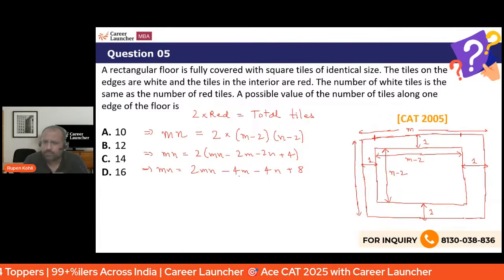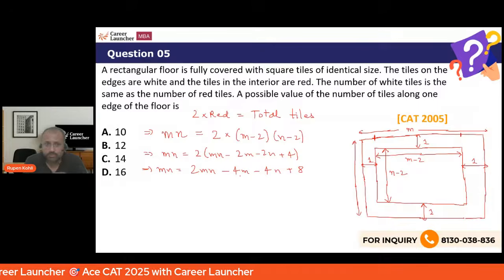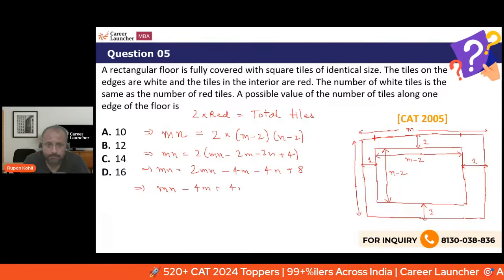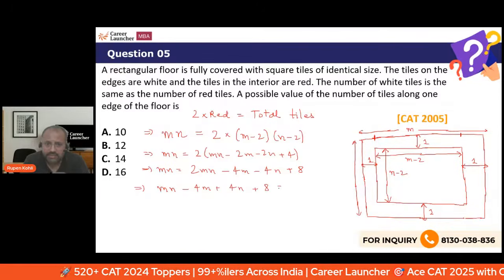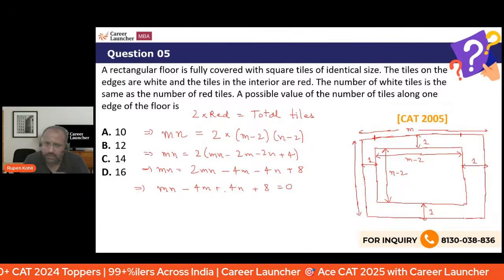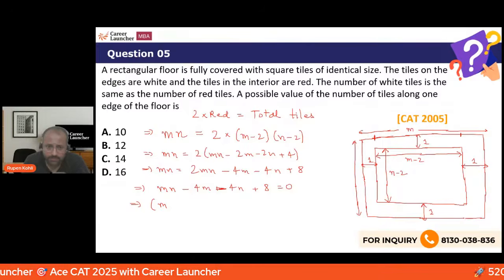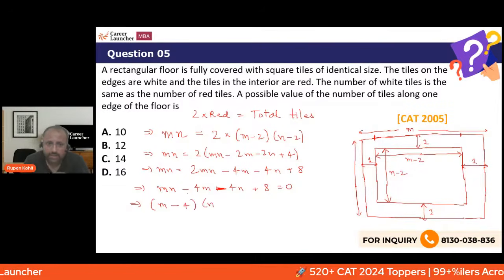Now this is looking very similar to what we did in the first question, isn't it? Where we factorized it out. So something similar we had to do. So let's do that. mn comes over here: mn minus 4m minus 4n plus 8 is 0. Again, we can do that kind of factorization here. m minus something, n minus something. (m minus 4)(n minus 4) is what we need to get mn minus 4m minus 4n.